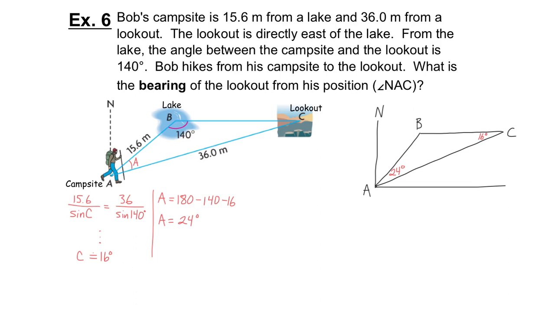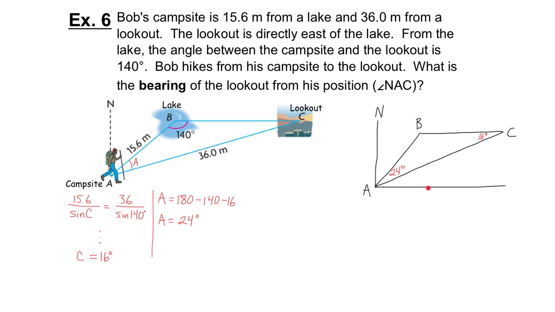Now you might not immediately recognize this, but I'm stemming from the fact that the lookout is directly east of the lake. So this line here is directly east of this line, the north-south line, which means that it's at a 90-degree angle to the north-south line.